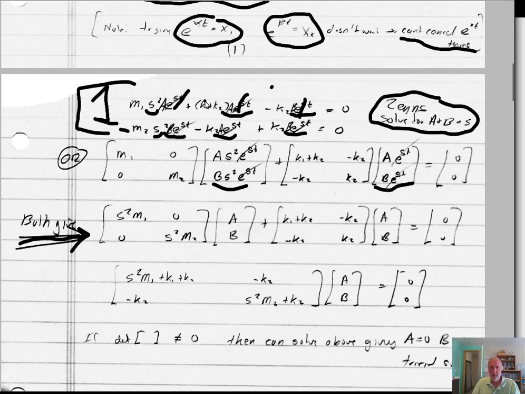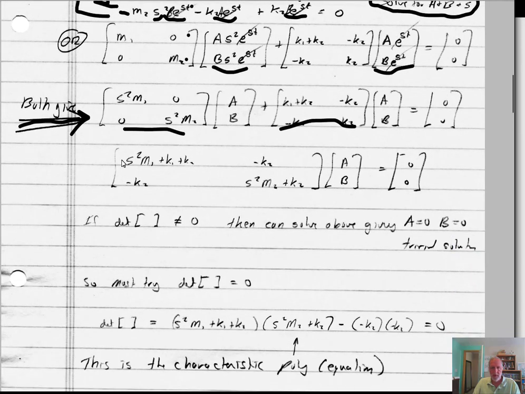First equation here, second equation, end up in the matrix. So if we combine this term here with this term here, just add them together, we get a matrix with the s's and then our unknowns a and b, and it's still the homogeneous solution, so we get this.